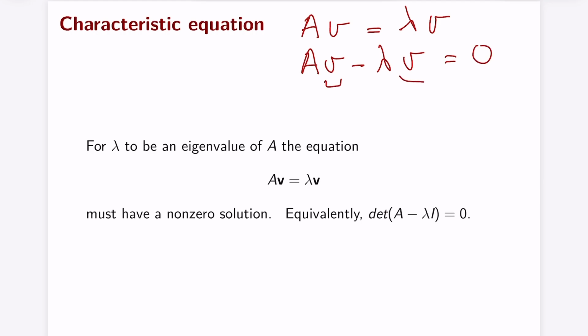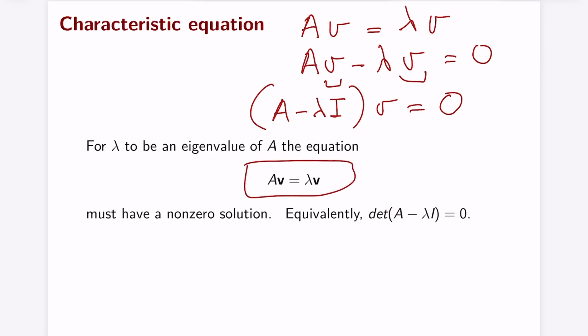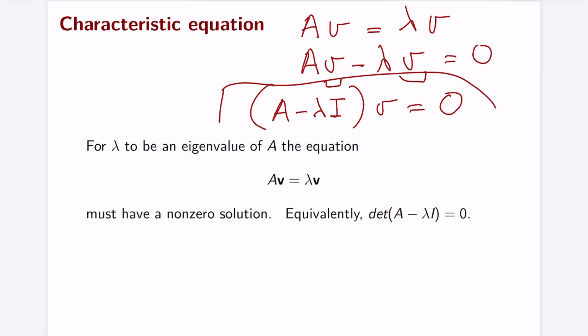We can take V as a common factor, but lambda here cannot be left just as a number, so I need to multiply lambda by the identity matrix. So I have two matrices to subtract, and I can put here A minus lambda times the identity matrix, times V, equals 0.